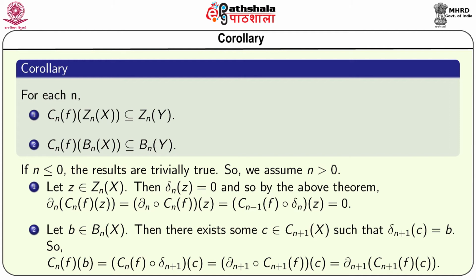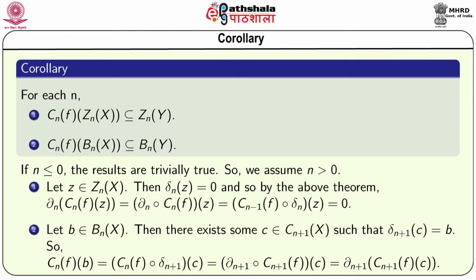From this theorem, we get a corollary that for each n, Cn f will take the whole of Zn x inside Zn y. That means, cycles are mapped to cycles. Also, Cn f will map the whole of Bn x within Bn y.